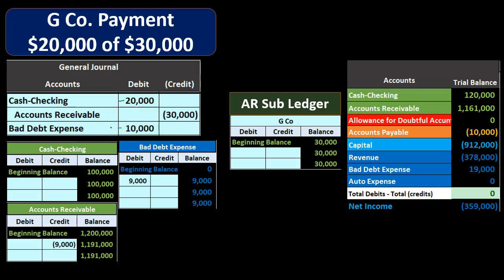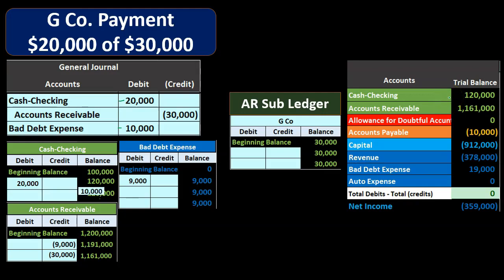If we record this, then cash is going to go up $100,000 plus the $20,000 to $120,000. We can see the accounts receivable is going to go down. We were at $1,191,000, down by the $30,000 to $1,161,000. This matches up with what's on the trial balance now, the $1,161,000 and the $120,000.